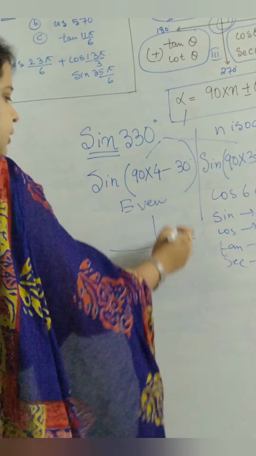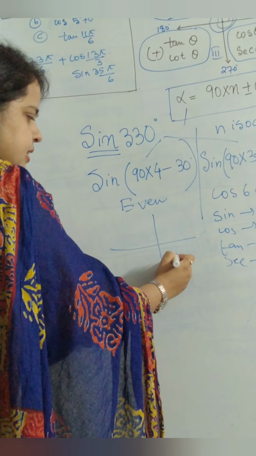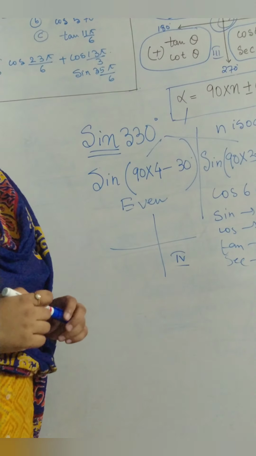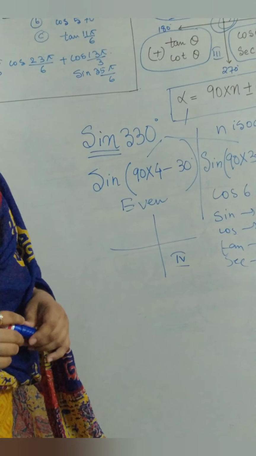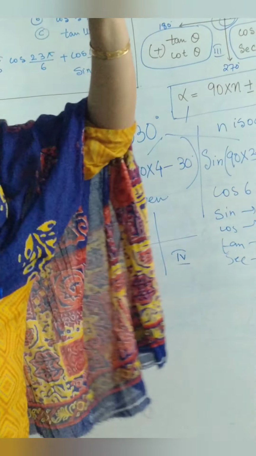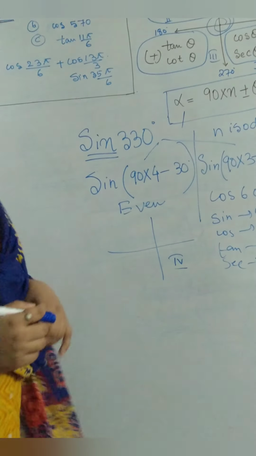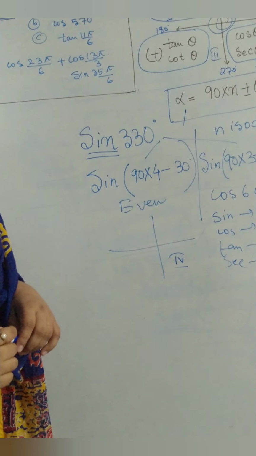See, 330, visually we can calculate and see it is in the fourth quadrant. But suppose we are not able to find out, it is some higher angle, say 740, or 800 and something, or 900 and something. In that case, how am I going to take help from this splitting?